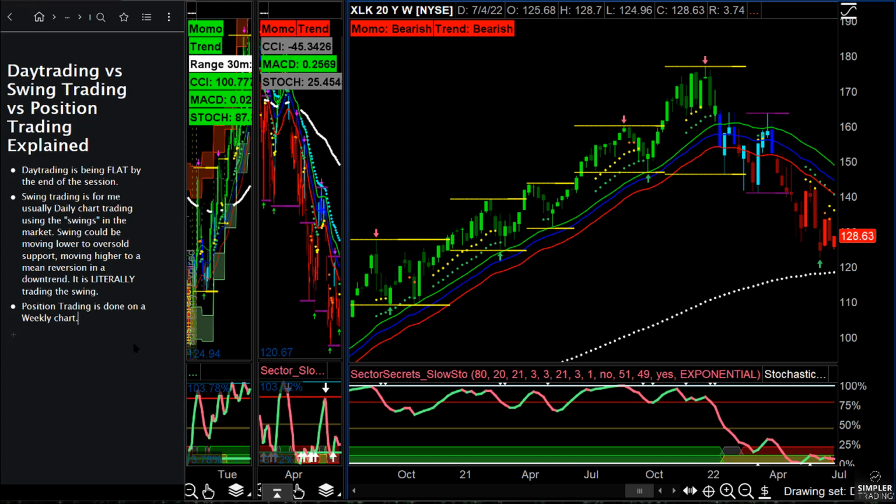Maybe that's fractionally, maybe that's just share by share, but that is the goal. Trading is about price movement. You're looking to capitalize on price moving either higher in your favor or lower in your favor, depending on whether you're long or short. You're not necessarily looking to accumulate shares. And if you are, it's because there's a brand new setup, and each one of those setups is independent from each other.